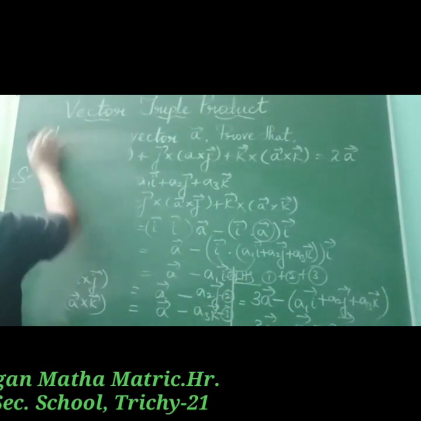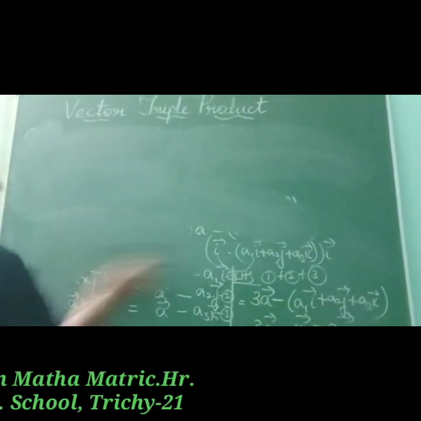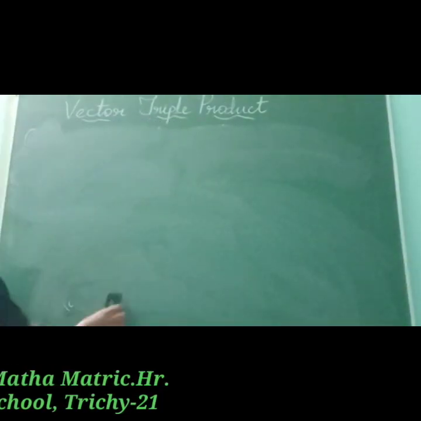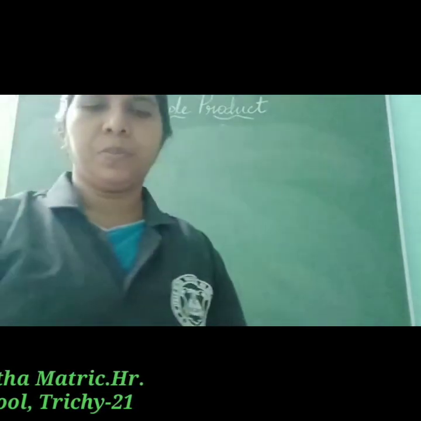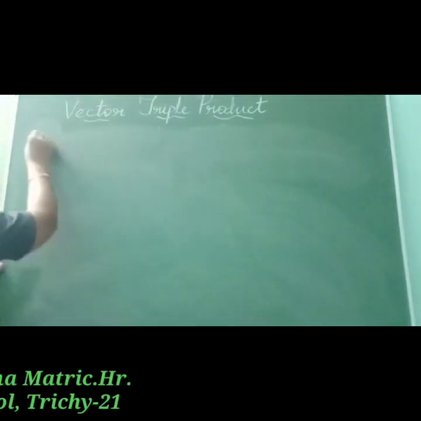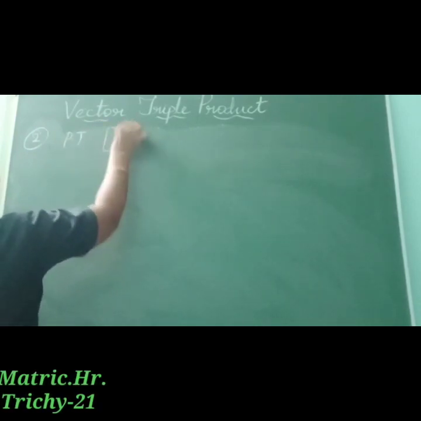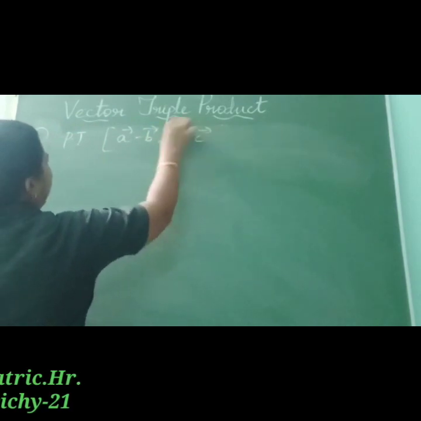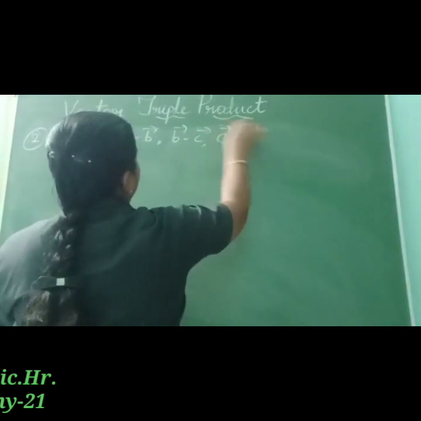Now let us solve one more sum. Prove that the box product of A minus B, B minus C, C minus A is equal to 0.